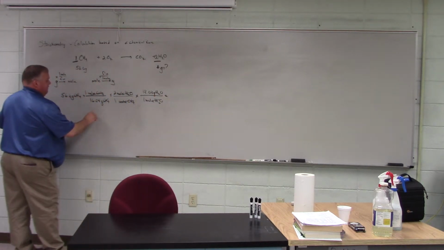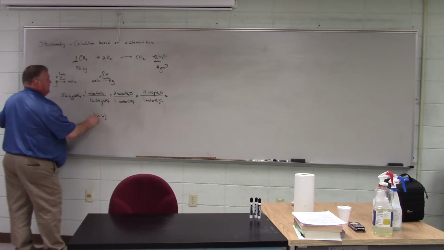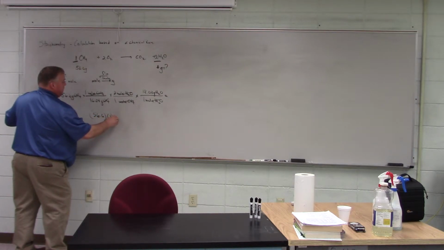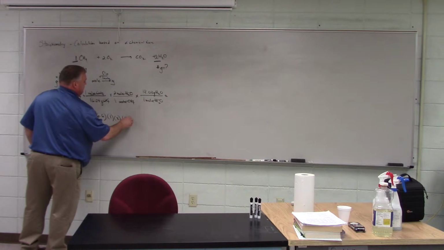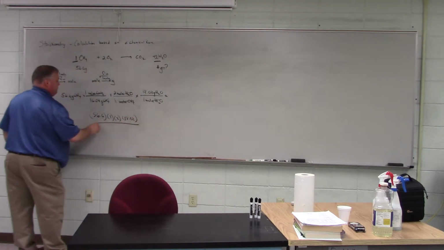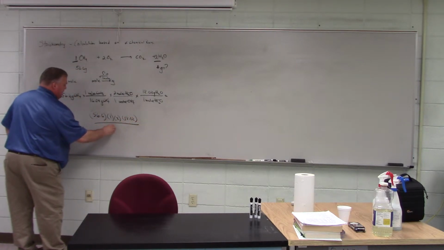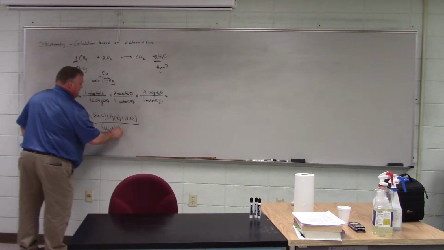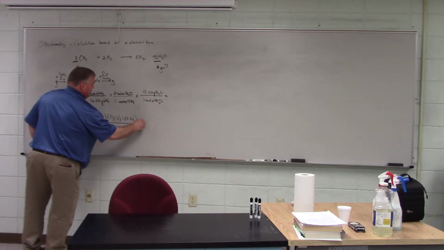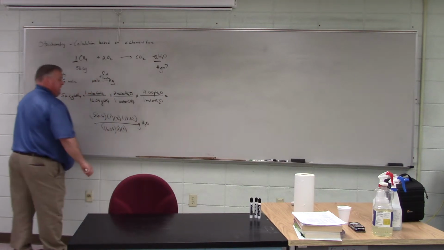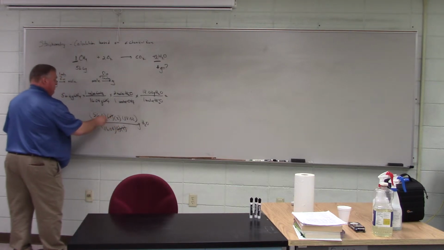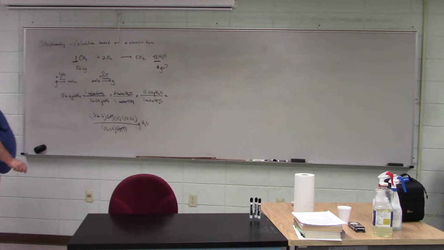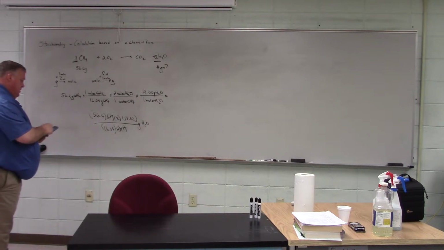So we have 56.6 times 1 times 2 times 18.02 over 16.04 times 1 grams of H2O. Now I'm going to cheat a little bit here. I'm going to cancel out the ones. I have to get my calculator out and do a calculation here.